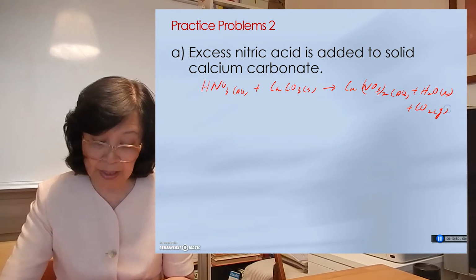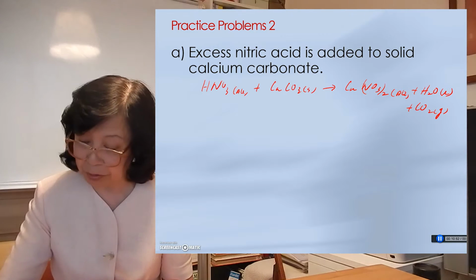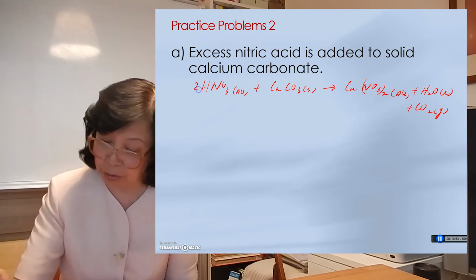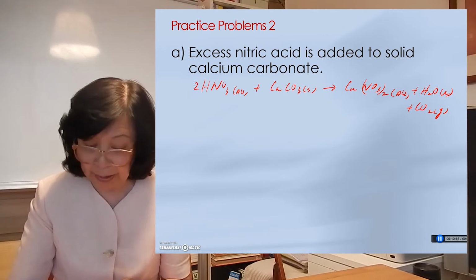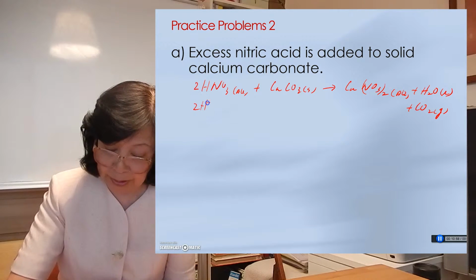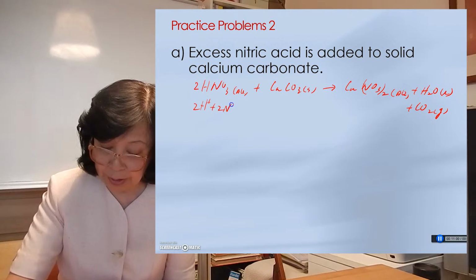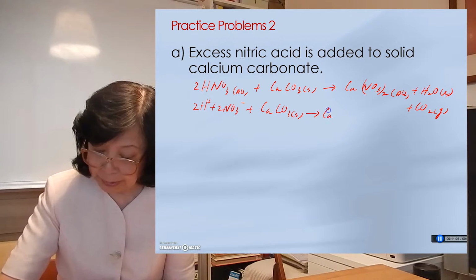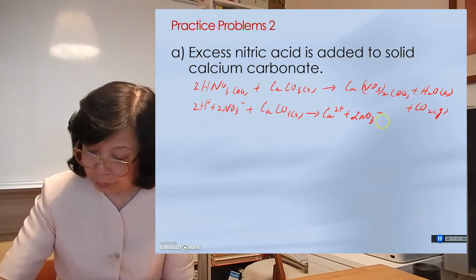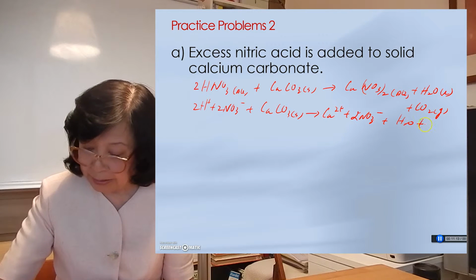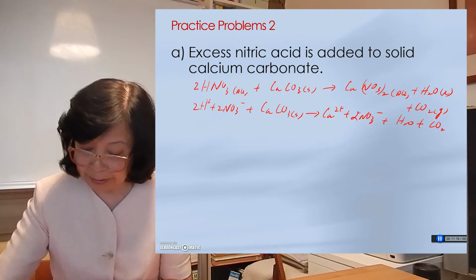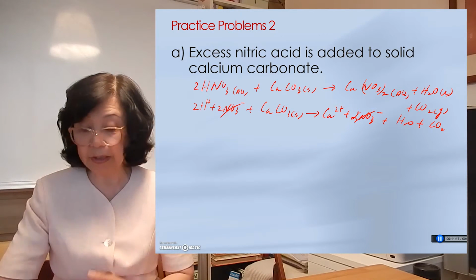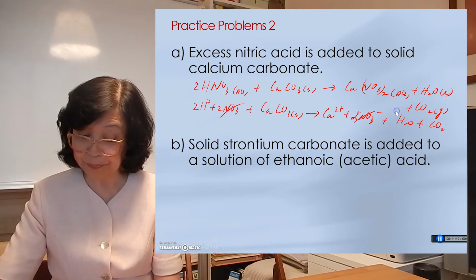Remember, carbonic acid always dissociates into water and CO2, and then we multiply it by 2 here. So in the net ion equation, we have 2H plus, strong acid, and the 2 nitrate ions, and the calcium carbonate solid to make calcium ion and 2 moles of nitrate ion and water and CO2 gas. So we cancel out the nitrate ion. So there you have your net ion equation.